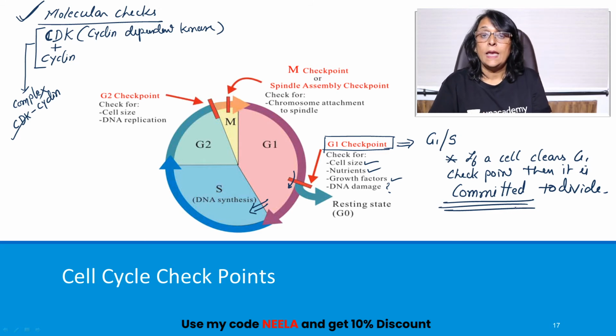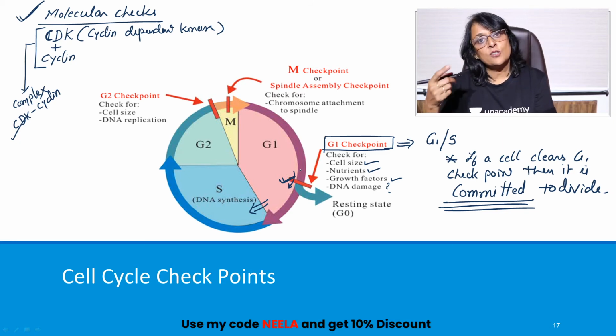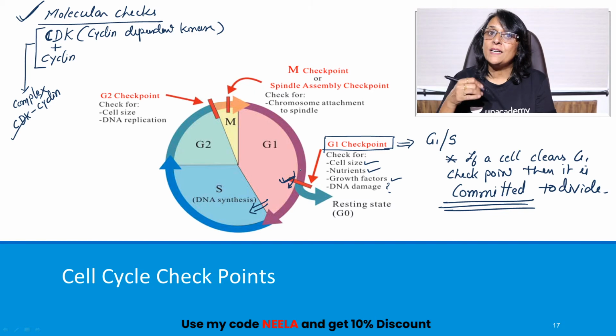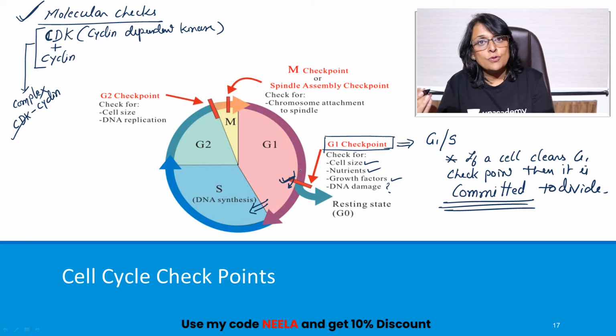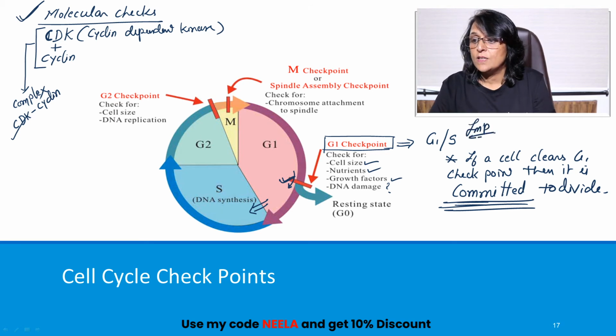This means if the G1 checkpoint is cleared or activated, then the cell will divide 100%. You cannot stop that. We can only stop it before that. So if the cell size is not proper, sufficient raw material is not accumulated, or there is less nutrient, then in that case, the cell will be retained in G1 till all those things have been synthesized and accumulated. So this is important. Many times questions have been asked on this also.